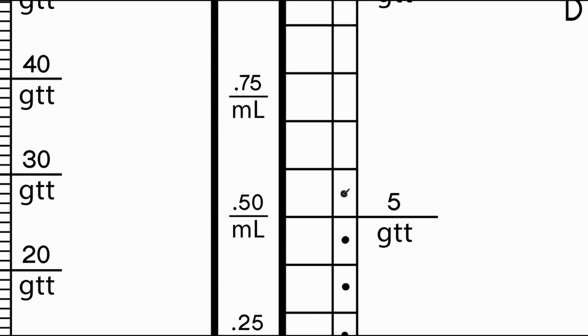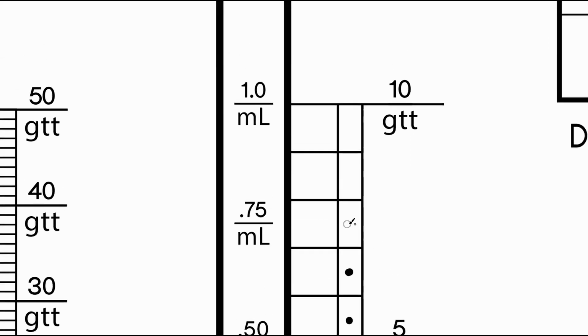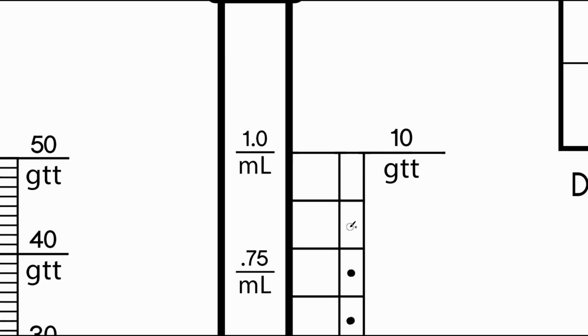Now we have 6 drops, 7 drops, 8 drops, 9 drops, and 10 drops. 10 drops, or GTT, is the same as 1 milliliter.